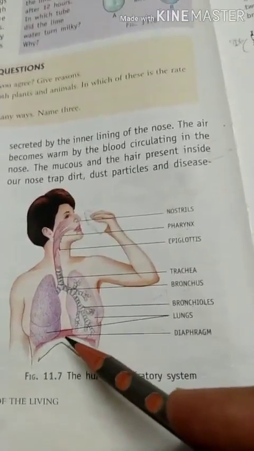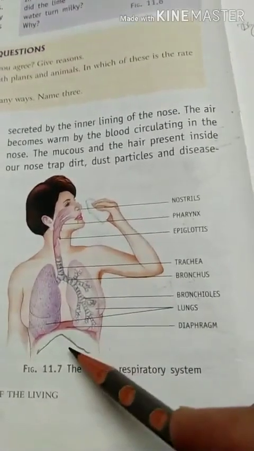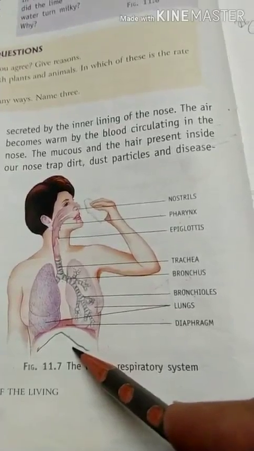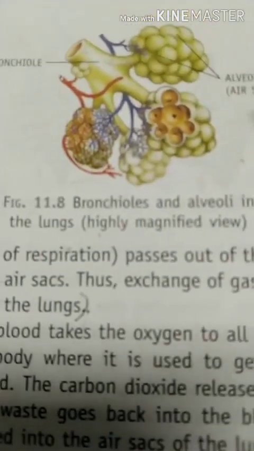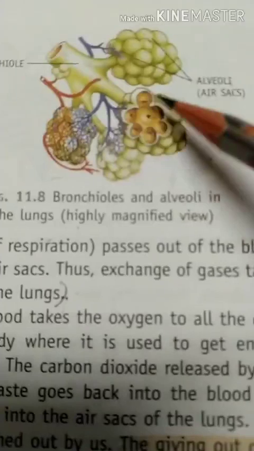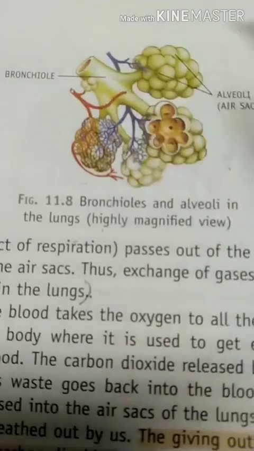This is the diaphragm which separates the chest cavity from the abdominal cavity, especially in mammals. Clear? Then you can see here, this is the highly magnified view of a single alveolus. Look at the alveoli, the air sacs.